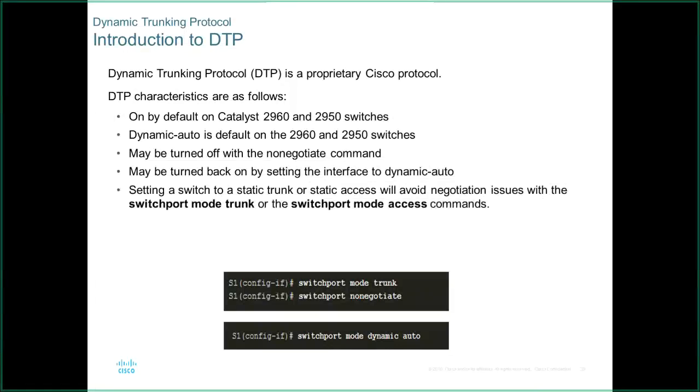But what this does is it allows it to auto-negotiate the encapsulation on each end of the trunk between the two switches, so you don't have to do as much manual configuration of the trunk.